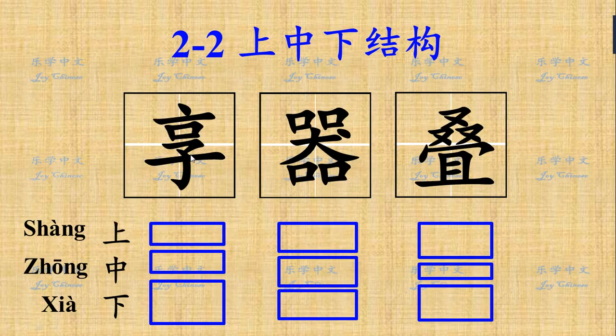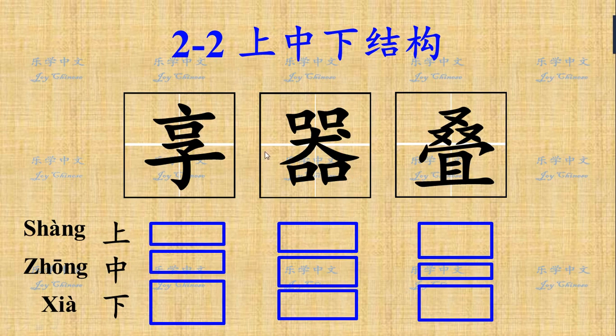The next one is three parts. We call it 上中下结构. It means it has three parts: top, center or middle, and bottom. It can be almost the same size for the three parts. You can see this is the top part, this is the middle part, and this is the bottom part.